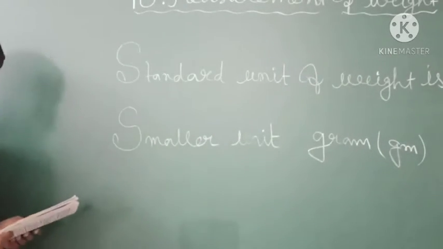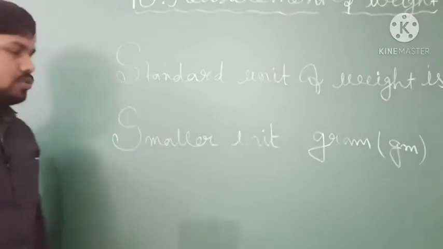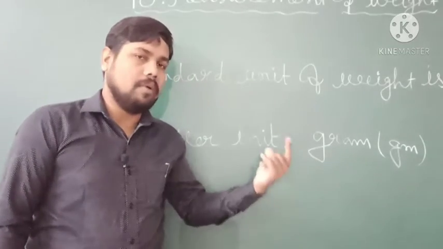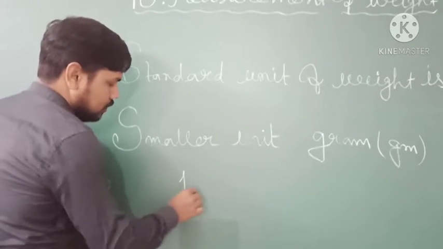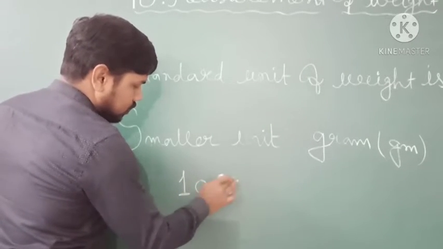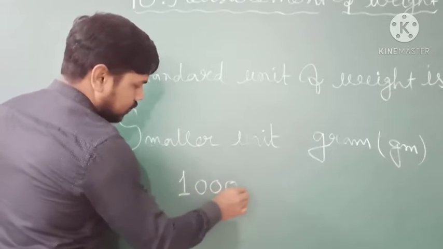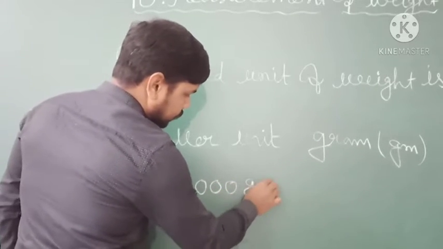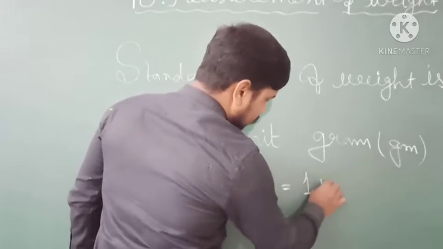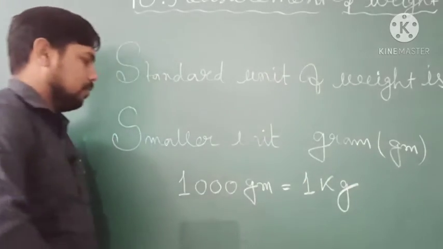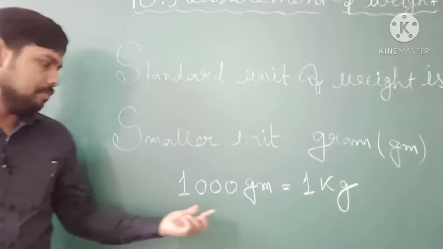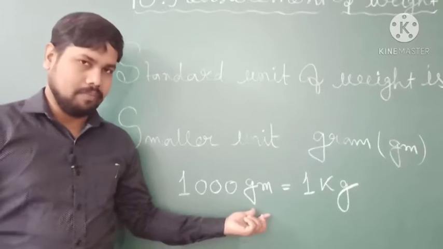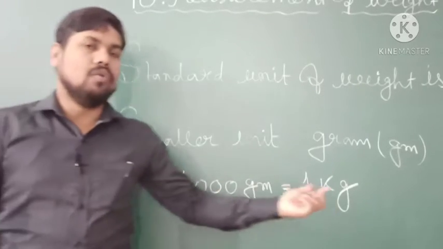The most important thing here, whenever you want to convert kilogram to gram or gram to kilogram, is that you should know 1000 gram is equal to 1 kilogram. So 1 kilogram means 1000 gram, and 1000 gram means 1 kilogram.